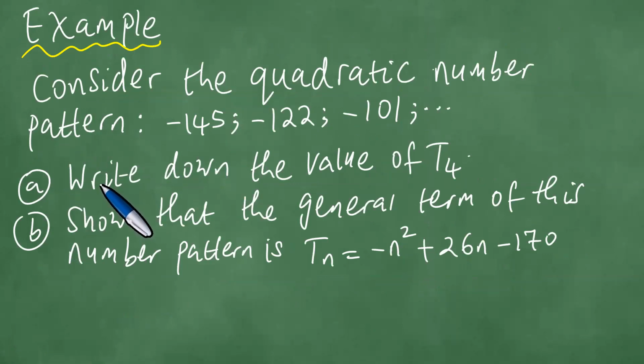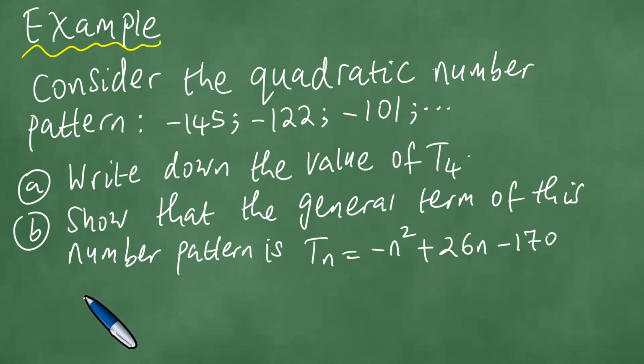The question we're asking right now is, write down the value of T4, the fourth term. I'm sure that one is very straightforward, and you can find the fourth term yourself. But let's take a look at what can be done here.